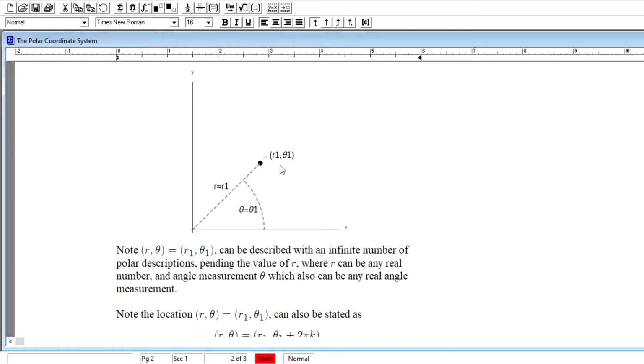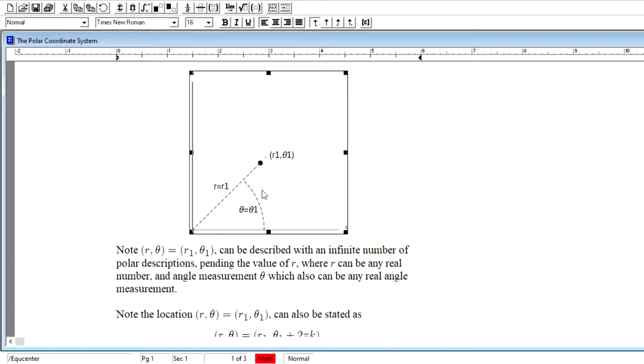to this above illustration, where we can note we could form a right triangle in this illustration whose hypotenuse falls along this radial arm whose measurement would correspond to the value of r sub 1.